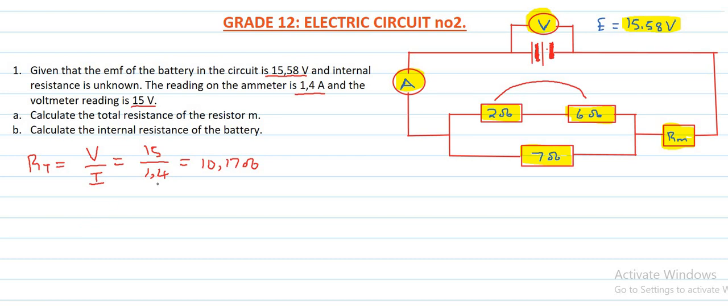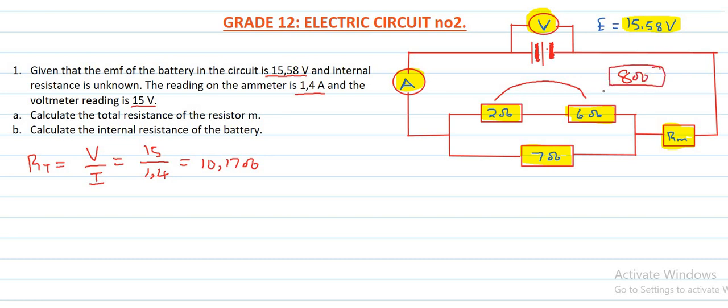The second step, we realize that the 2 ohm and 6 ohm are in series. Total resistance in series, we add the resistors, so this will be 8 ohms.